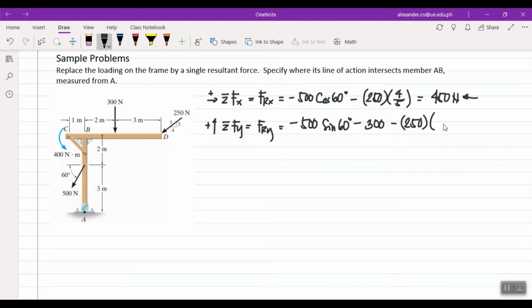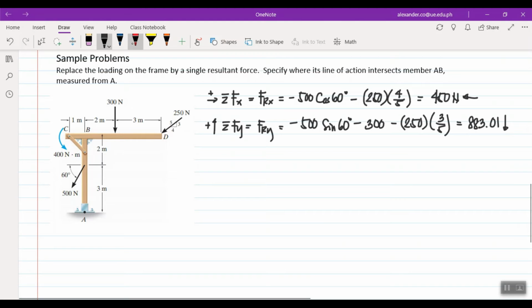Ano yung kanyang slope? 3 over 5. And the answer is, wait lang, the answer is negative 883.01. Negative, kaya pababa.